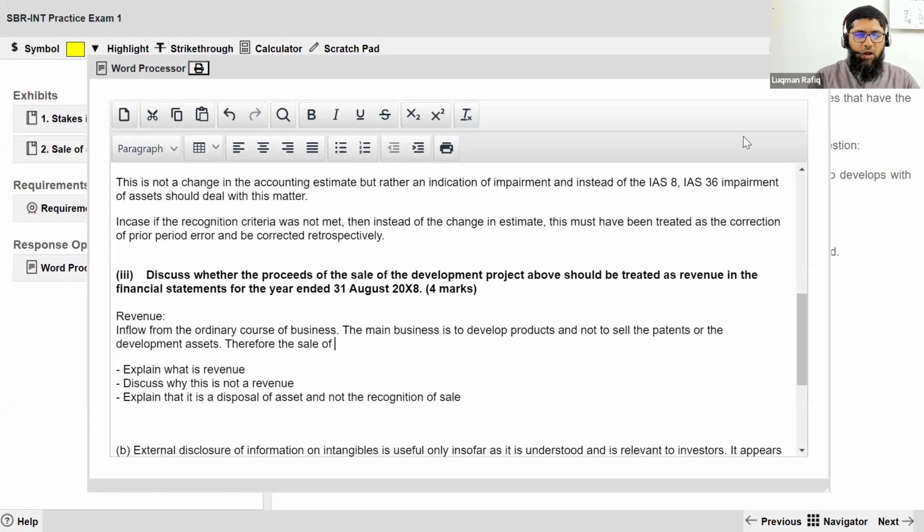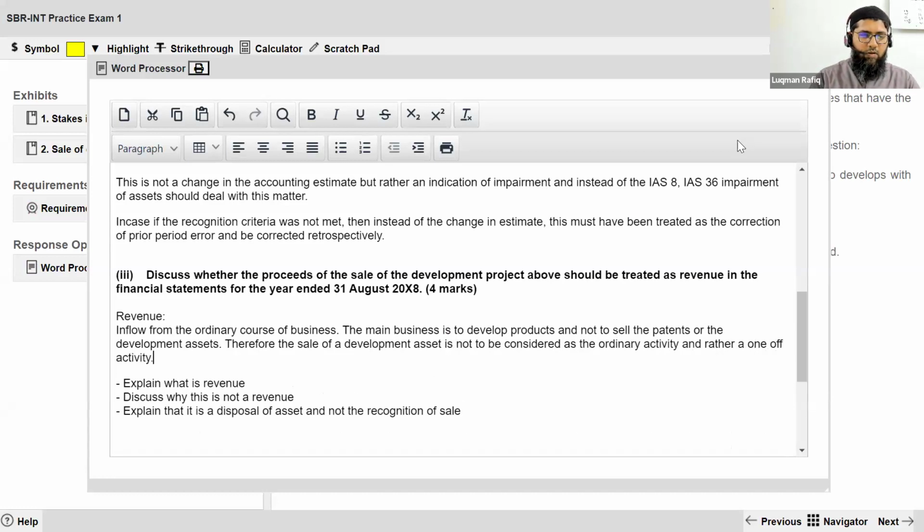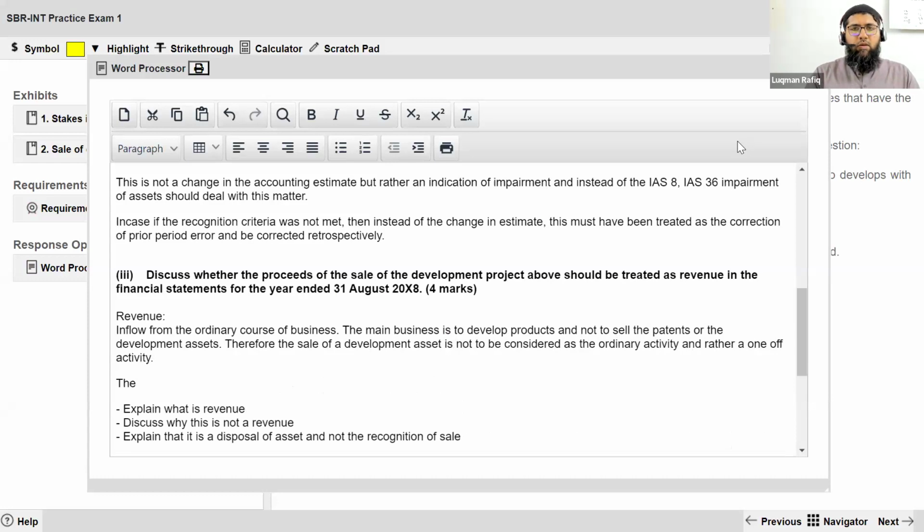Therefore, the sale of our development asset is not to be considered as the ordinary activity and rather a one-off activity.